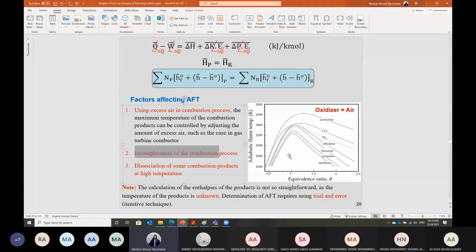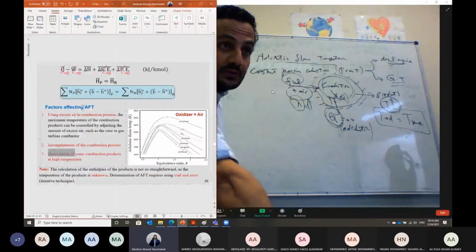Incompleteness of combustion. If we have a lesser amount of air, combustion will not be complete and will not have the full heat release. Also, we have dissociation of combustion products. Usually some combustion products like carbon dioxide and nitrogen, at high temperature, just dissociate.